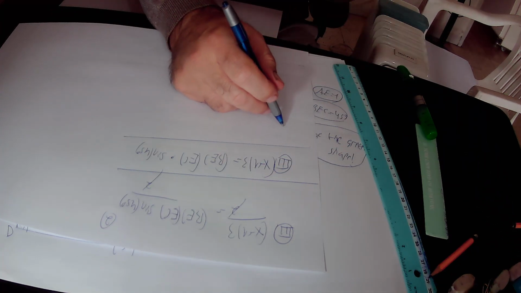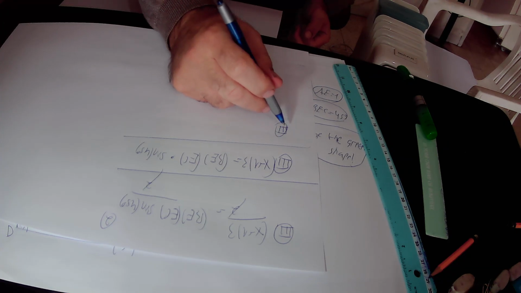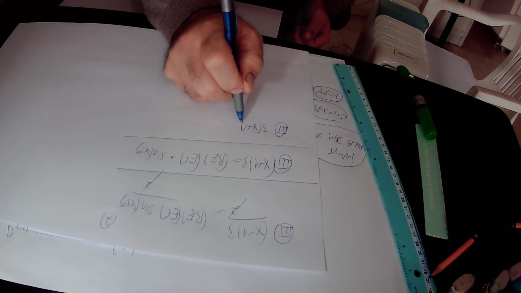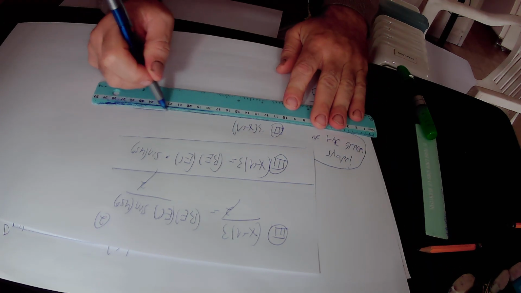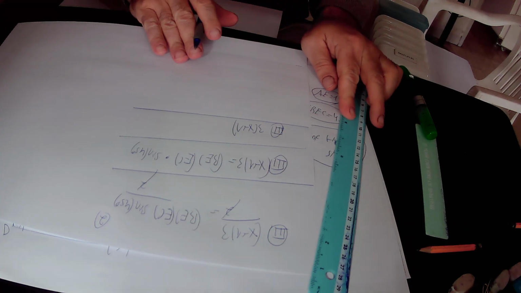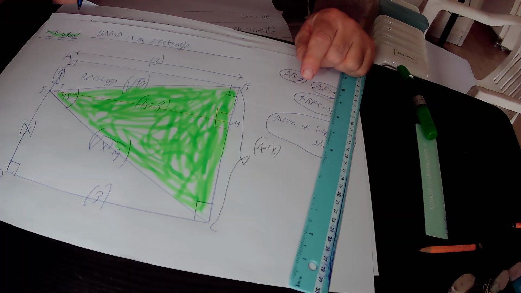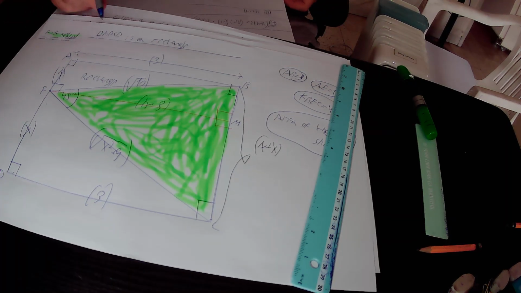So on this side of equation 3 we have 3 times (x plus 1). And on the other side of equation 3 we have BE times EC times sinus 45 degrees. We already found out that side BE is equal to the square root of 10 units in its length, times EC.